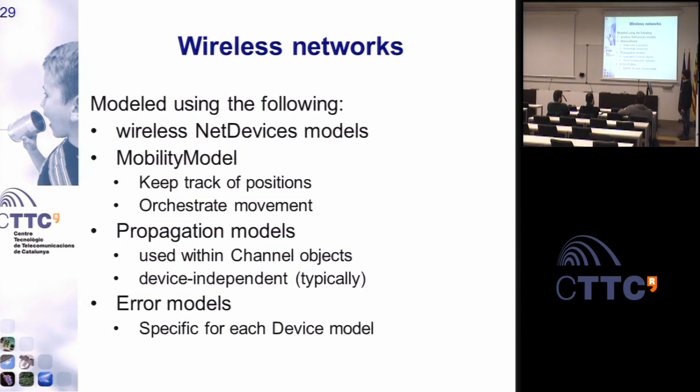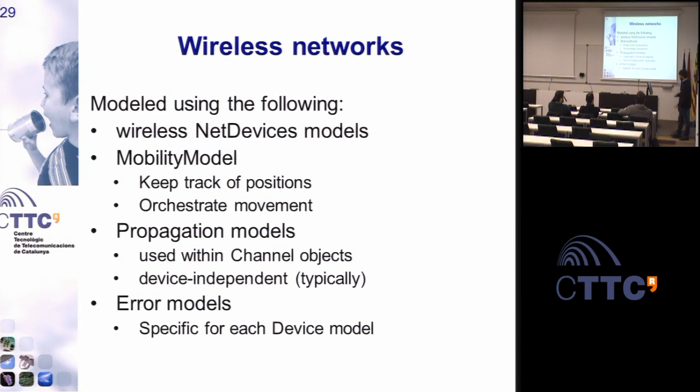Then, for a wireless network, you have to use a propagation model, which is normally inserted into the channel object and is also normally device independent, so the same models are used for different wireless technologies. This allows you basically to determine how much power is received from one node when another node transmits.